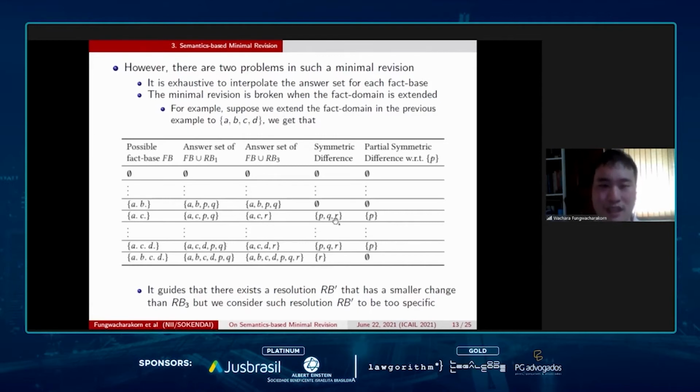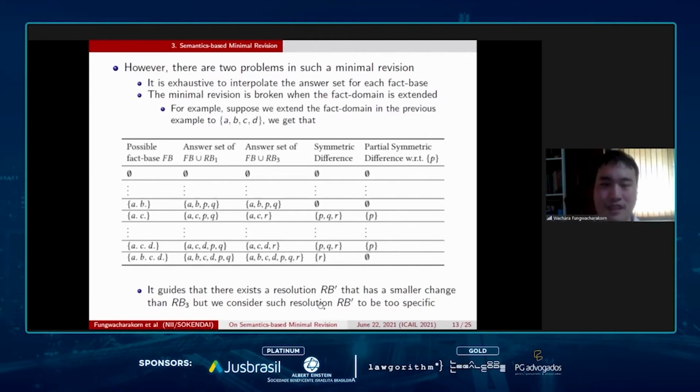We get that the rows that have a non-empty set within the set of P are the rows corresponding to the fact bases AC and also ACD. So there exists some resolution RB prime that has a smaller change than RB3, such that RB prime would have no change in this row, making it an empty set.